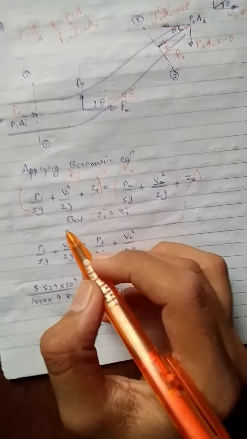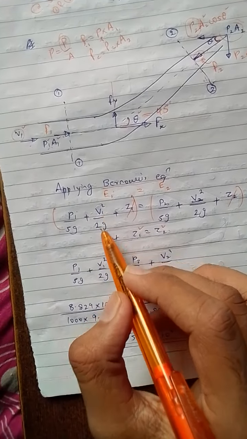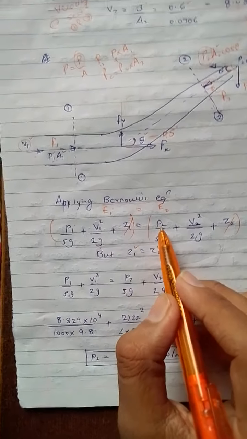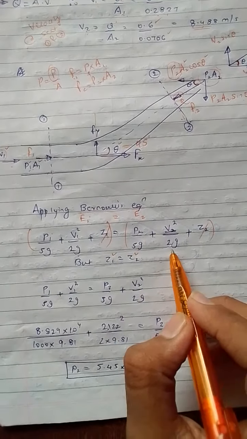The remaining equation is P1 by rho g plus V1 square upon 2g equals P2 upon rho g plus V2 square upon 2g.